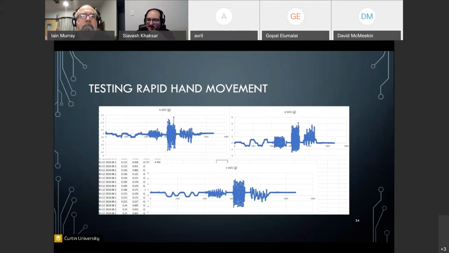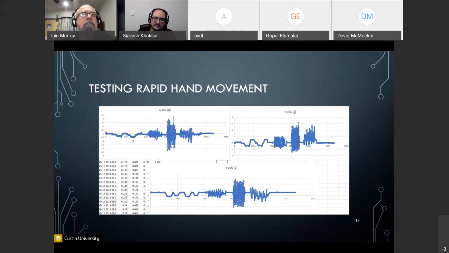But when we got the data, it turned out that we were getting cutoffs in the data. So we did some tests and moved the hand up and down quickly to see what Gs we would reach. As you can see, in some cases we are reaching up to 6 sometimes. So it turned out that we had to change our scale.